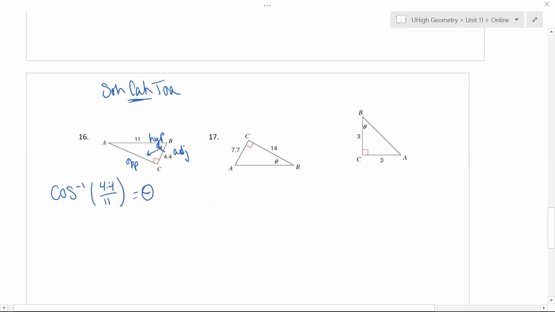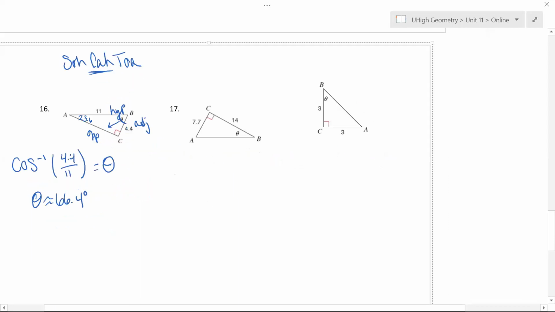So when I type in the inverse cosine of 4.4 over 11, I get that theta is approximately 66.4 degrees. And now I can do 180 minus 90 minus 66.4 to get that angle A is 23.6. And then I could either use trig or the Pythagorean theorem to find that opposite side.